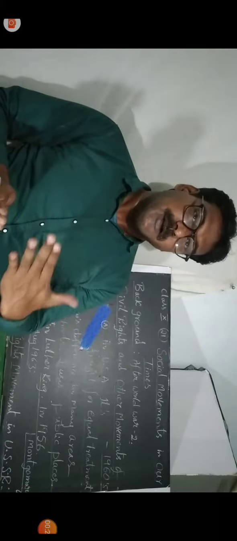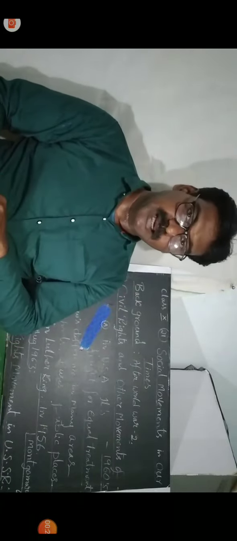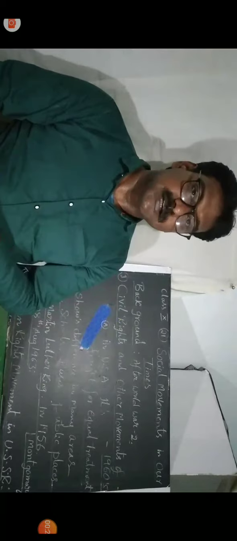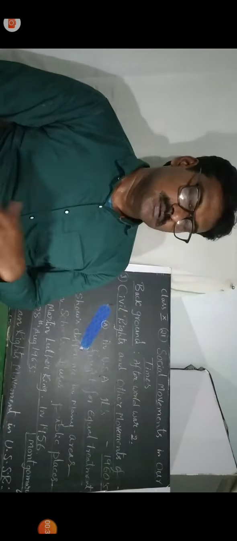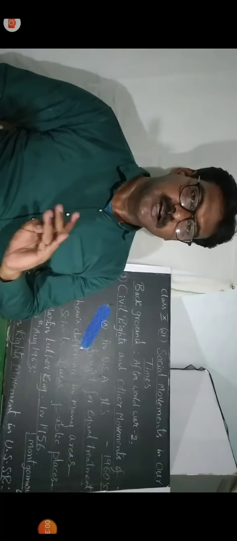So in the background, when we observe the background of social movements, mostly after the Second World War, many countries got independence, like Vietnam, India, China, Egypt, Israel, and more. More than 100 countries got independence.